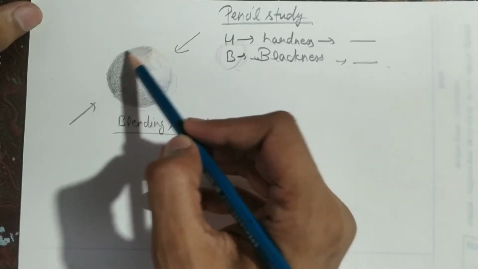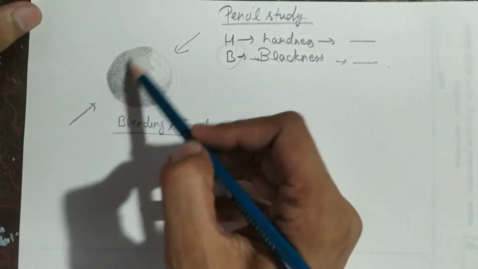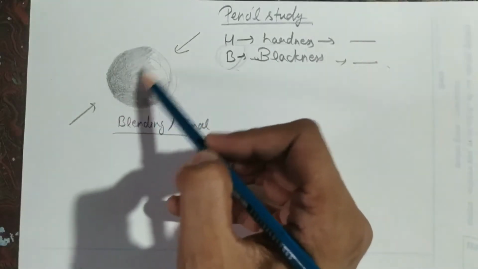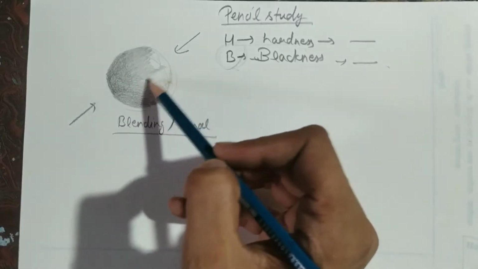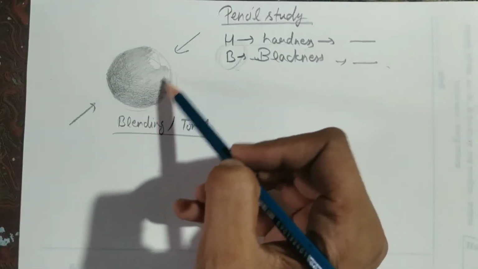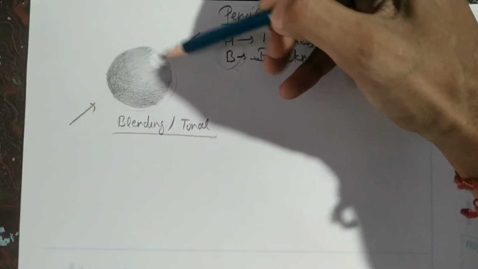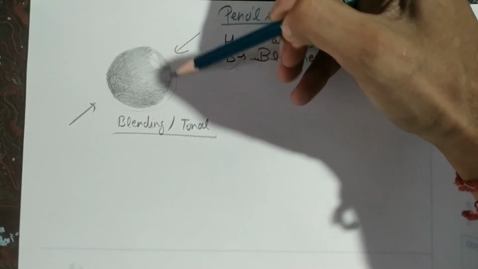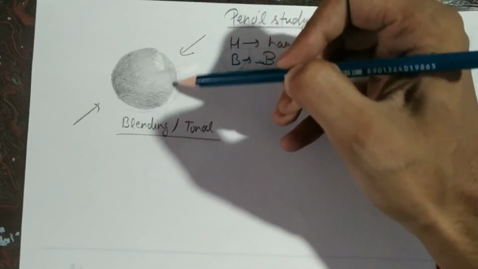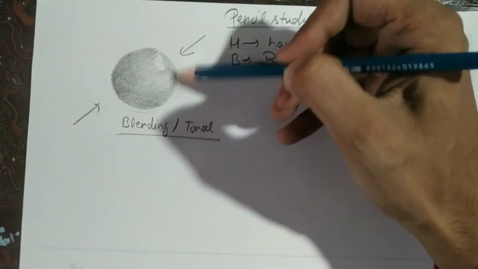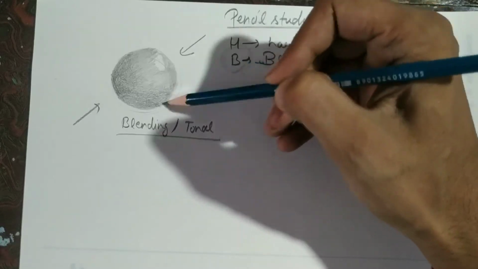Like here I am also doing shading. There will be no separation, like it's blending very nicely. So you can see and you can observe. And as I have told you, there should be no line visibility. So shades as light as possible. Apply different layers. Okay, always do it in the layer way.